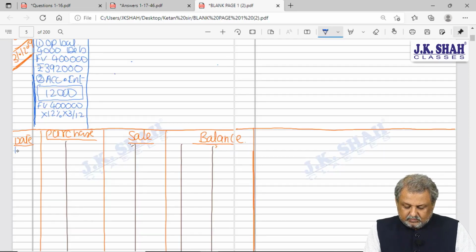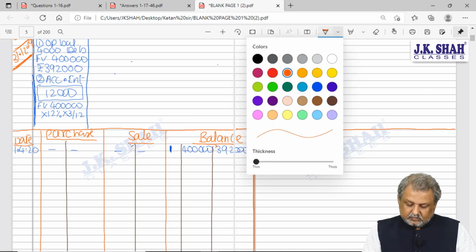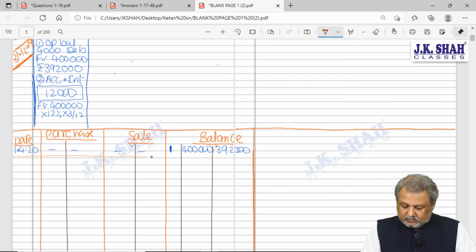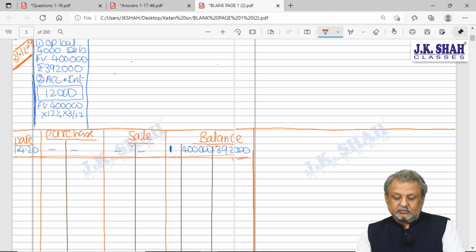Then 1st April 20, this is lot number 1, 4 lakhs is face value, 3,92,000 is the amount. In the FIFO method, you need to maintain the cost properly. Okay, that is the FIFO method.